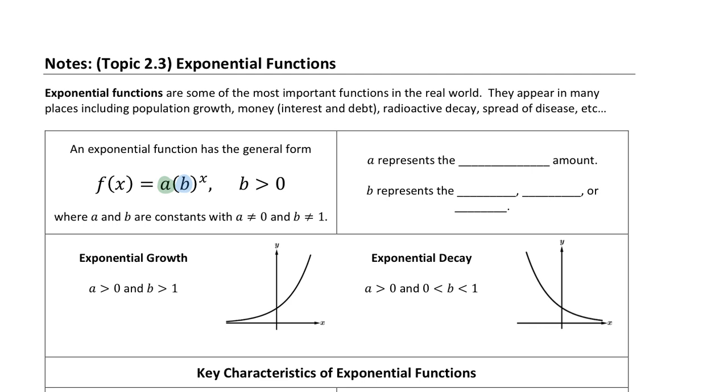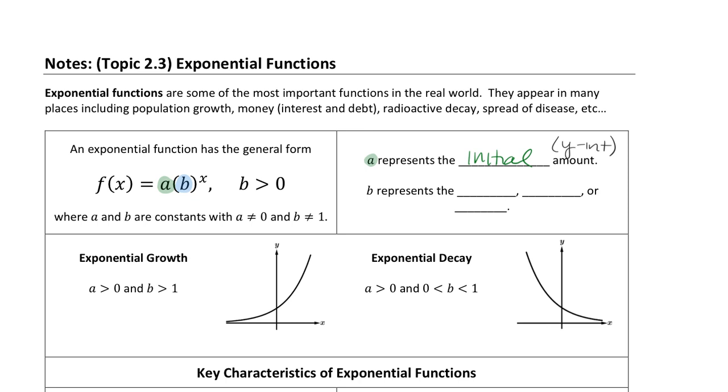The a, which is green, represents what we call the initial amount. We would also potentially call this the y-intercept. So whatever number is in front of the base with the power is our y-intercept, or the initial amount.